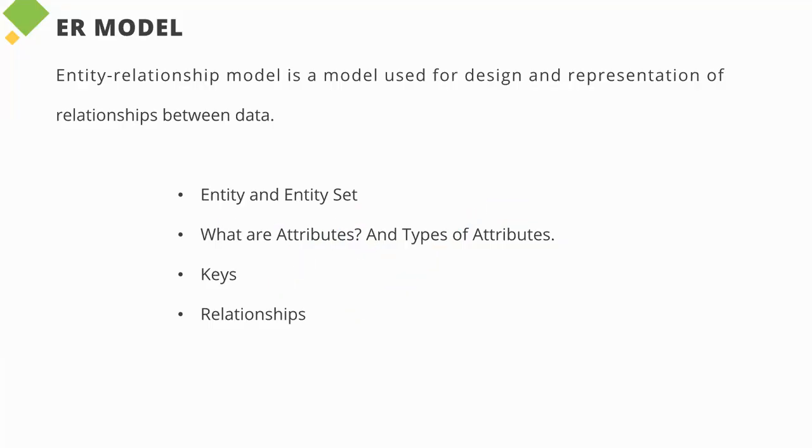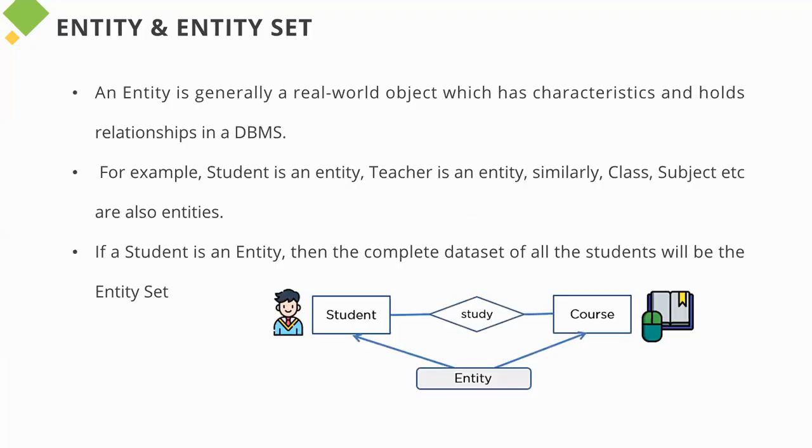So, what is an entity and entity set? An entity is a real world object, something you define with some characteristics or you name it. If it has these particular characteristics, then that is called an entity. And what is an entity set?